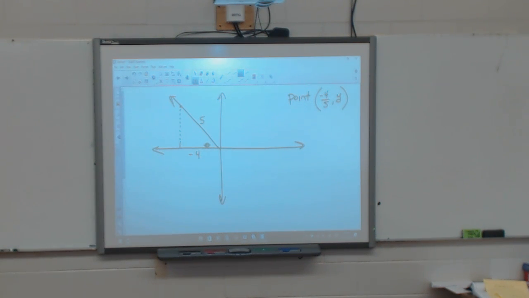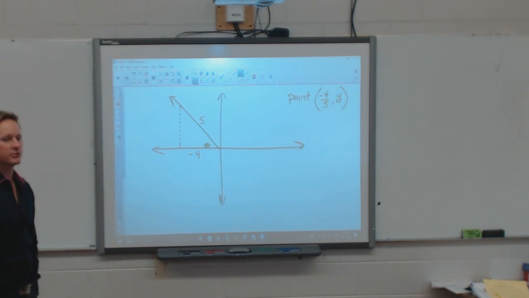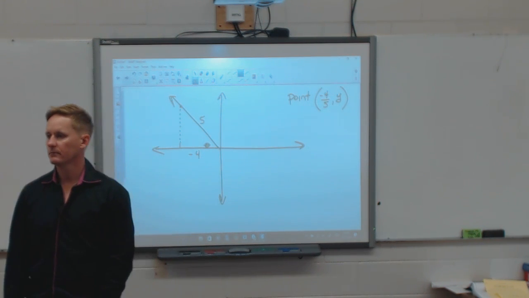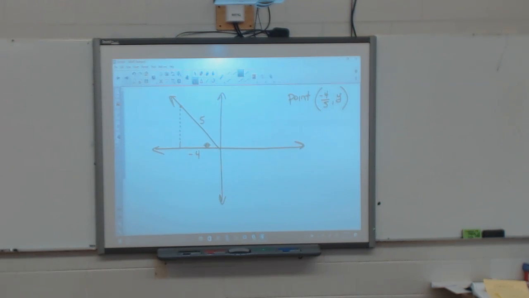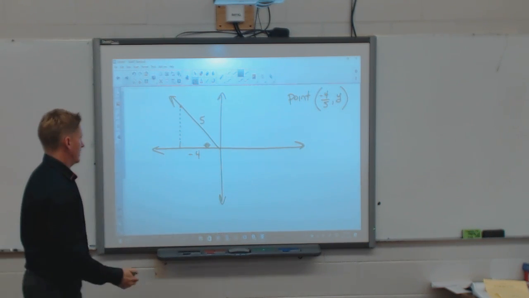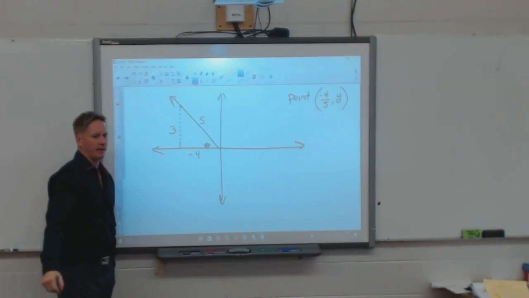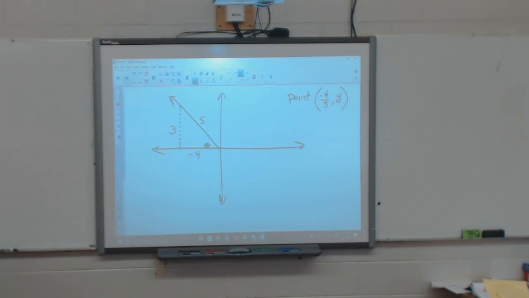We have a right angle triangle. What is another name for a right angle triangle? The Pythagorean one. Yeah, what is it though? What are the 3 smallest whole numbers that support Pythagoras' theorem? 3, 4, 5. This is also known as a 3, 4, 5 triangle. That side has to be 3.